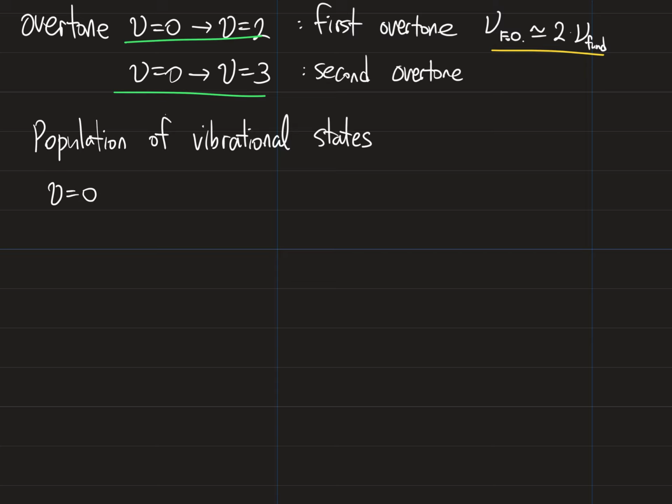As I already mentioned, nearly all vibrational transitions start from the ground state, which means v equals 0. So we are trying to figure out the reason. The answer lies in statistical thermodynamics, specifically the Boltzmann distribution.